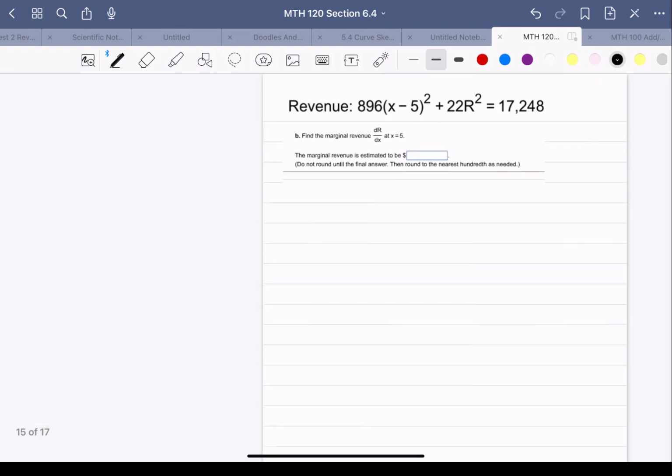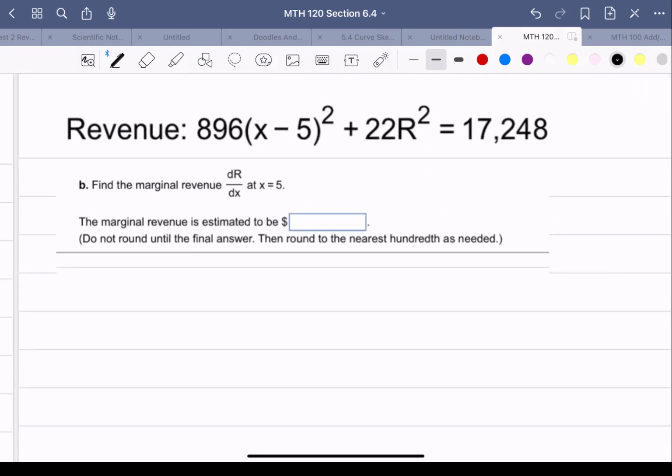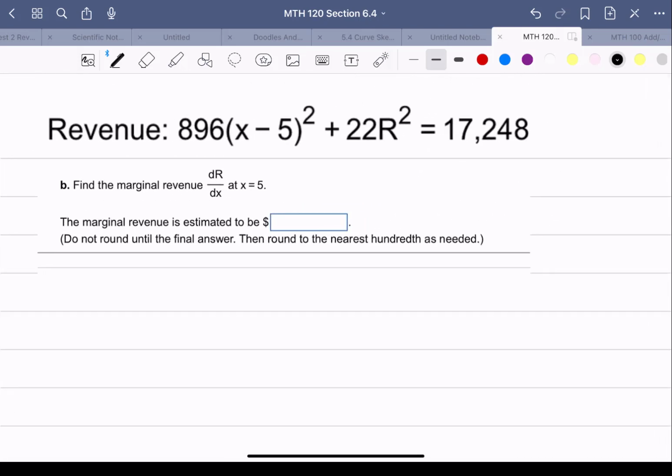Now let's look at part B. Our revenue function was given as 896 times (x minus 5) squared plus 22r squared equals 17,248. They want us to find the derivative of r with respect to x. And so when we take the derivative of this r term, we're going to have to write dr/dx because we don't know what r is in terms of x.